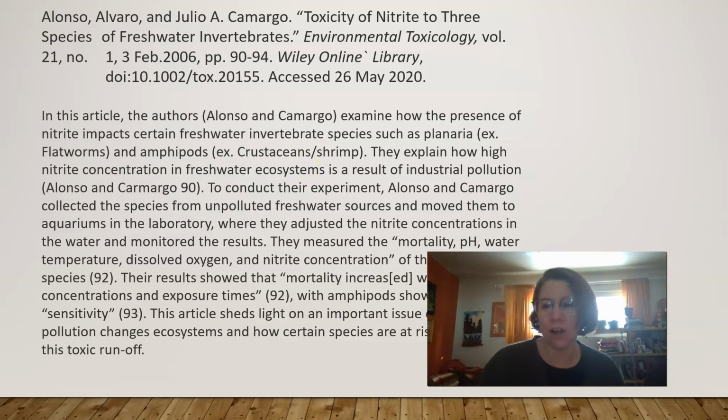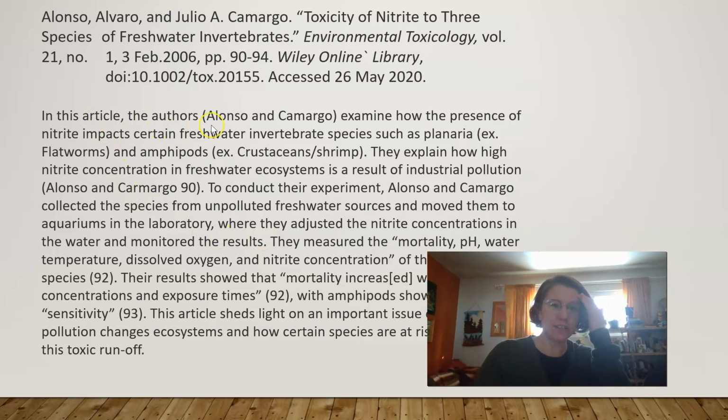It's always just about reporting what was included in the article. So there's not a lot of interpretation or opinion. This is a very fact report-like style of writing for the summary paragraph.